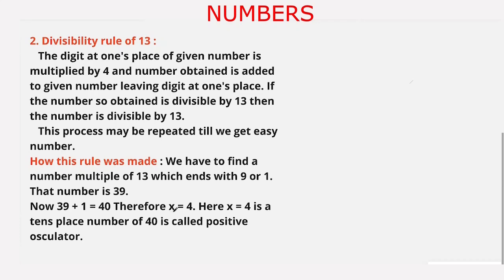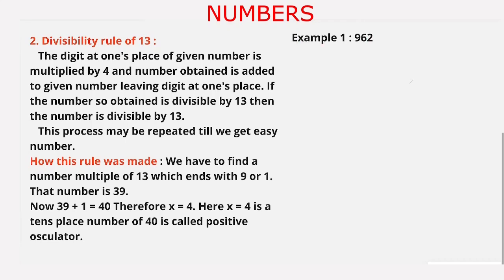Therefore x equal to 4. Here x equal to 4 is a tens place number of 40, is called positive osculator. As this is positive, that's why we add after multiplying by 4. You will learn this rule by some example.